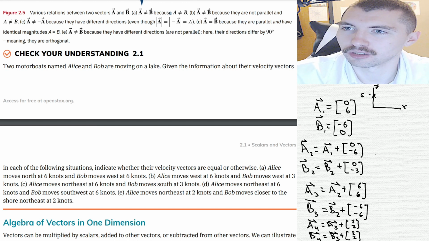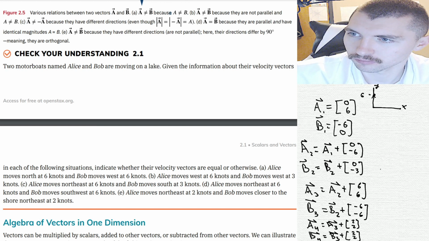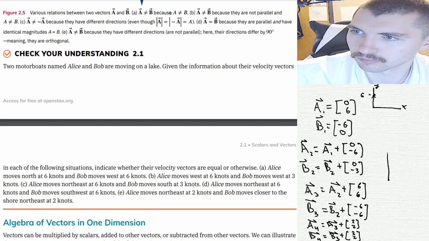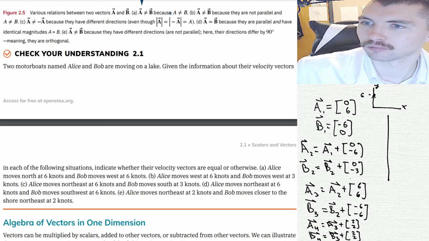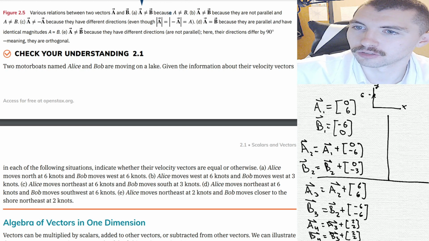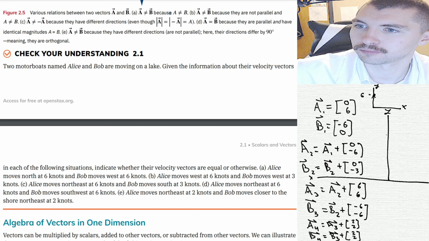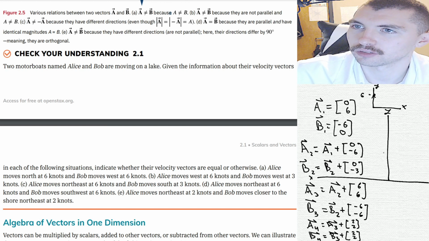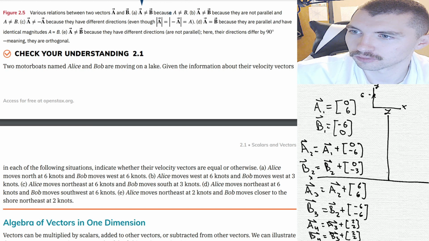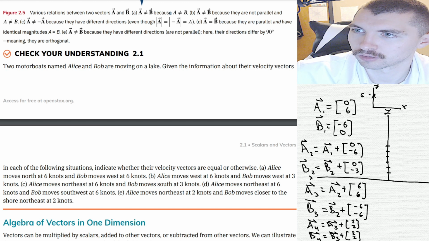Okay, so what's happening here? So this is our X, this is our Y. So Alice is going to go to 6. So this is A1.